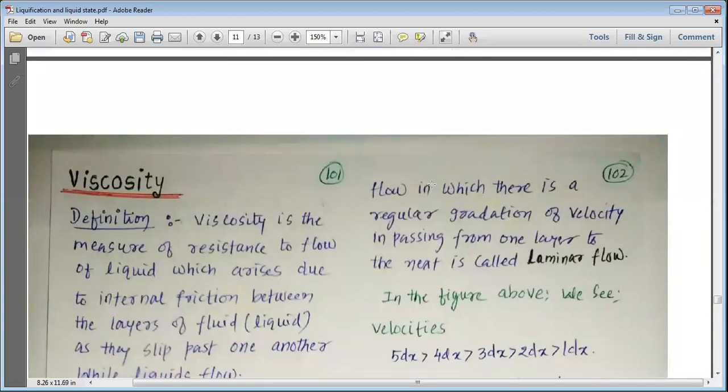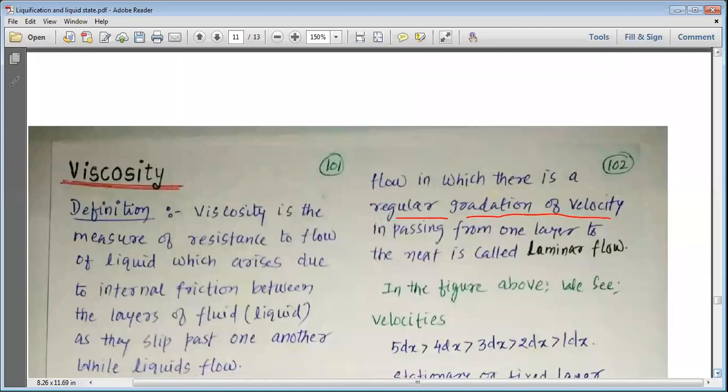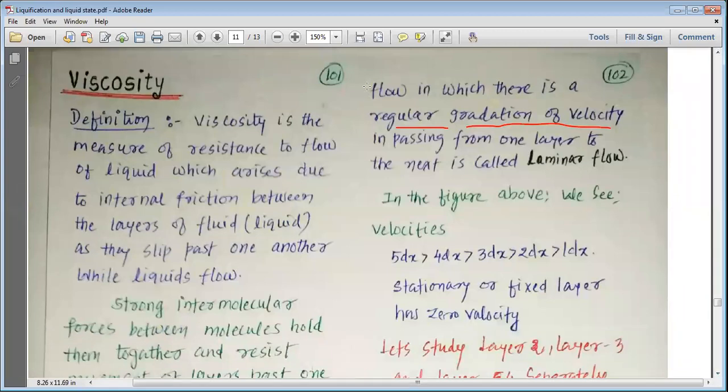So this type of flow in which there is a regular gradation of velocity in passing from one layer to another is known as the laminar flow.